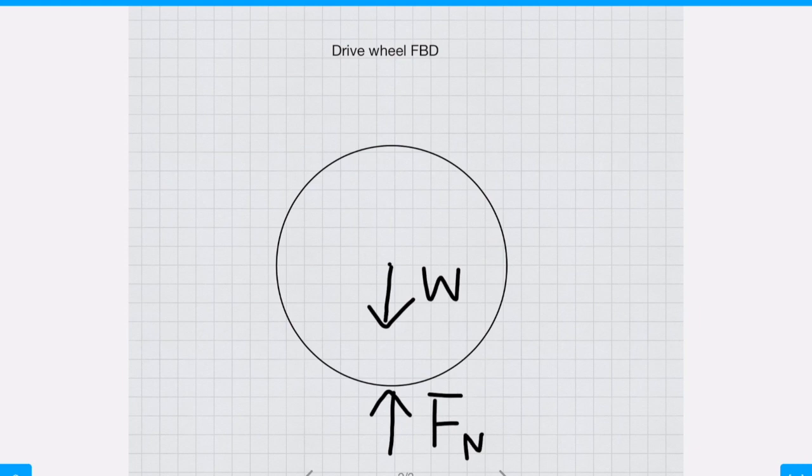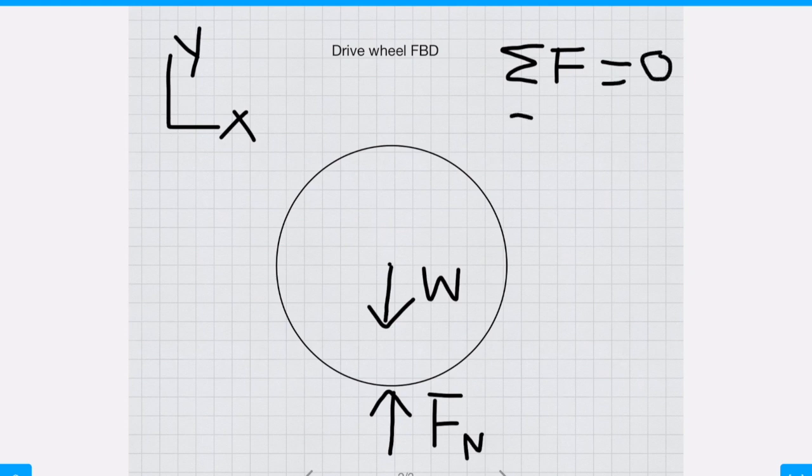An important thing to consider in a free body diagram, before I forget, is to identify your axes. This is X, this is Y. And the sum of the forces is going to be equal to 0, as well as the sum of the moments. So these are the first two forces that we're going to focus on.